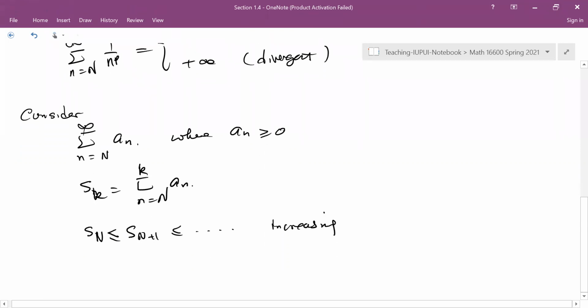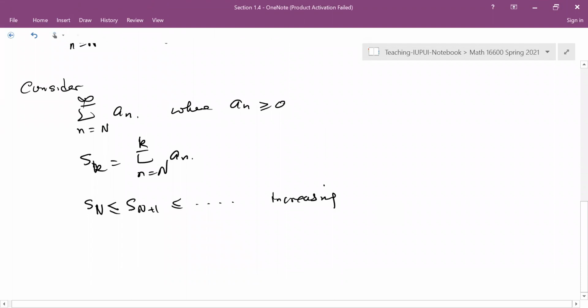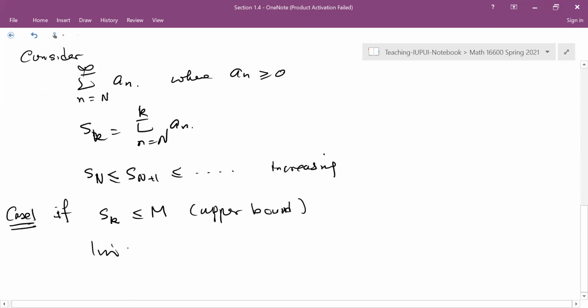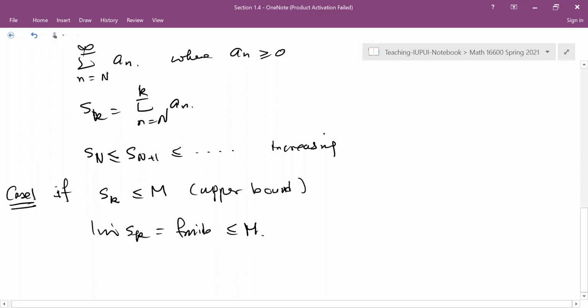For an increasing sequence, there are only two possibilities: either it approaches infinity, or it has a finite limit. In the first case, if this sequence has an upper bound, then the limit exists and is finite, less than or equal to the bound.